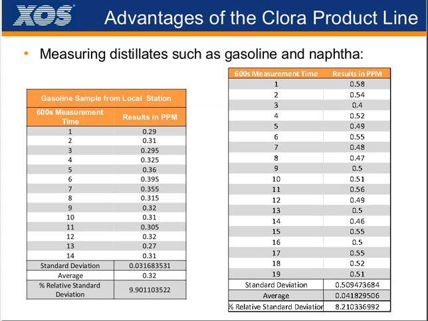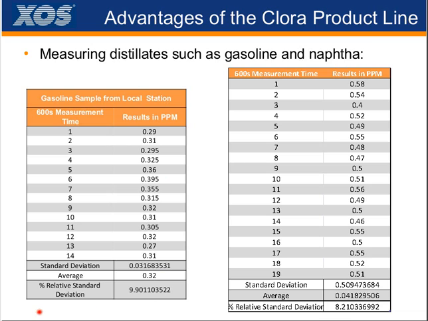And just some results here I wanted to share with everyone. It'll be included in the presentation when we send it out to everybody, so we don't need to go over each and every little number on here. But we did some testing on gasoline, pulled right from the pump, running 600-second runs on it. You can see it was running pretty tight, around 1/3 of a ppm, and an RSD of about 9.9%.